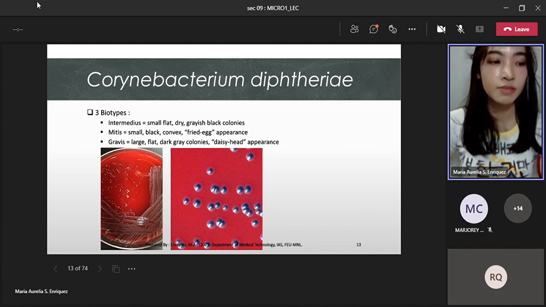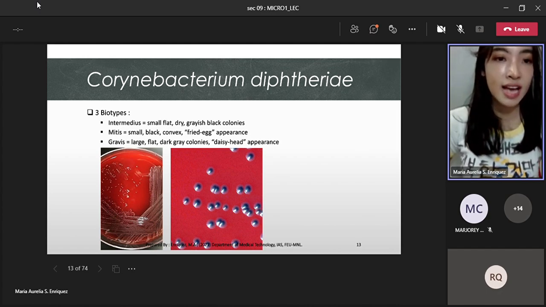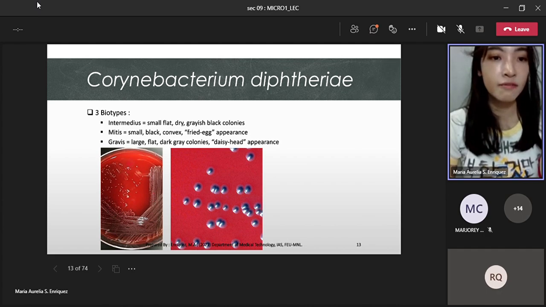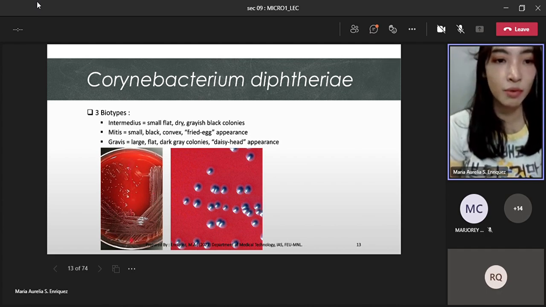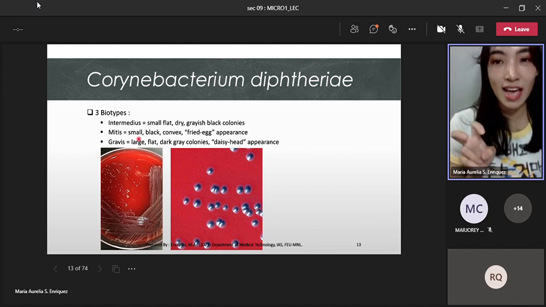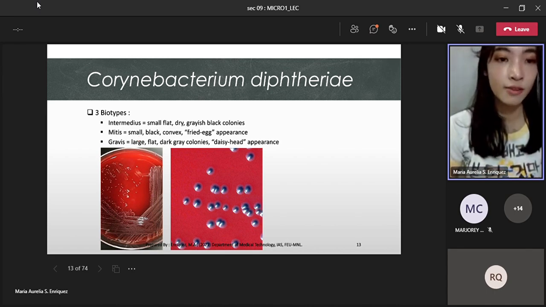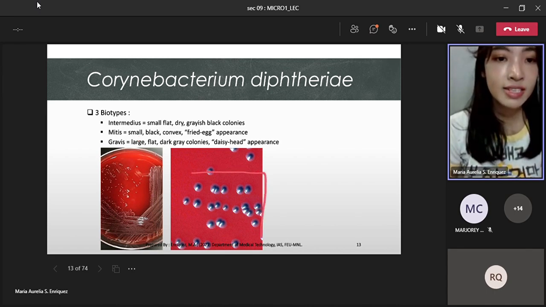The intermedius biotype produces small, flat, dry, grayish colonies as we can see right here in the first photo. Okay? So kapag mitis naman po yung biotype, they would produce small, black, fried egg appearing colonies. As you can see right here in this second photo.